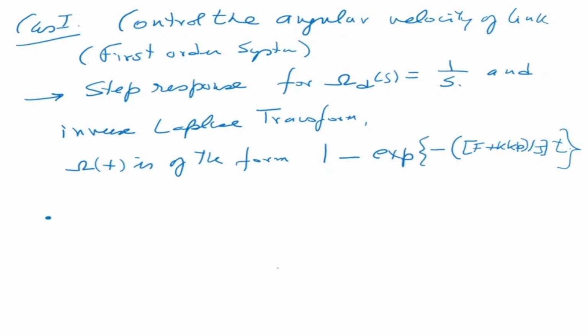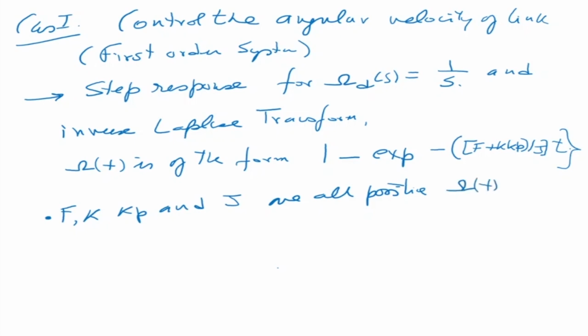So we note that f, k, kp and j are all positive, and omega t is bounded and approaches omega dt as time goes to infinity.